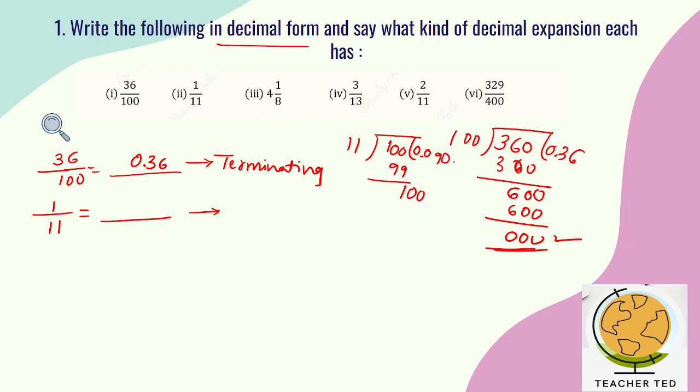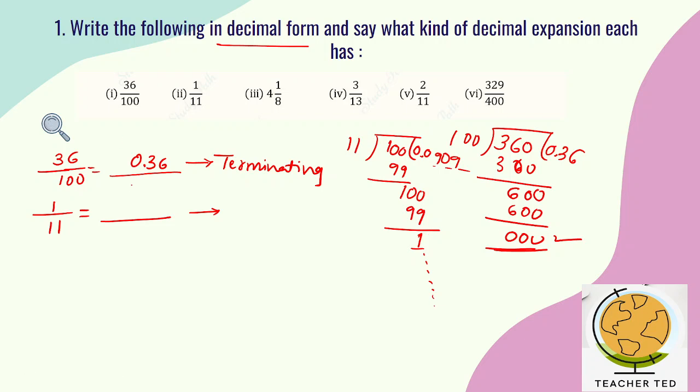10 for the point, and 10 is lesser than 11, so put one more 0 and put 0 here, and again 11 9s are 99, and now the remainder is 1. So this expansion goes on repeating and there is no end to it.